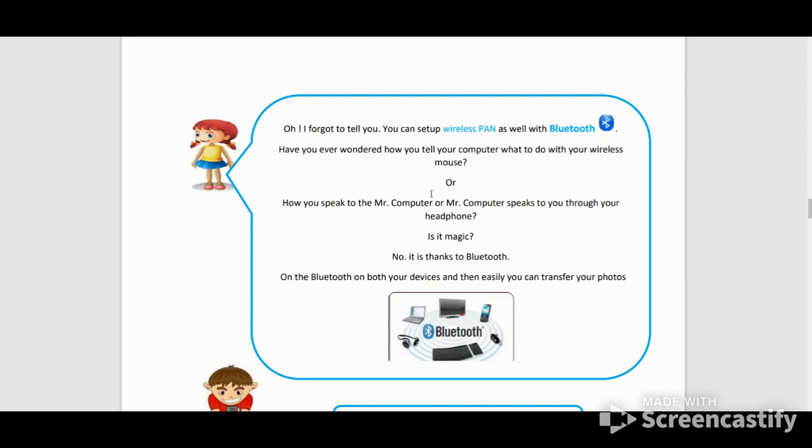Do you ever wonder how those wireless mice work? Or how you speak to Mr. Computer, or Mr. Computer speaks to you through your headphones? Is it magic? No, it is thanks to Bluetooth. Turn on the Bluetooth on both your devices and then you can easily transfer your photos.